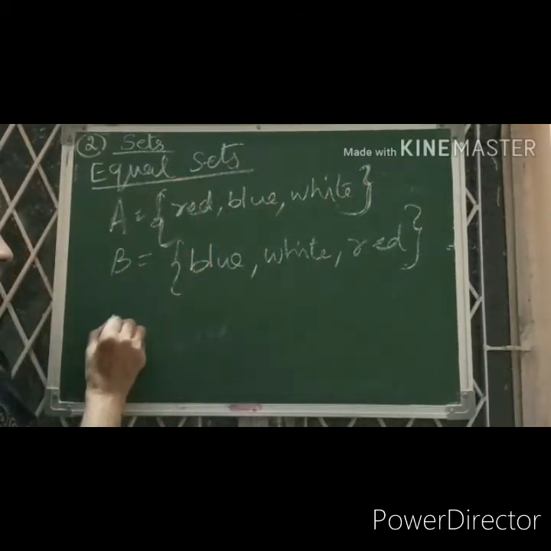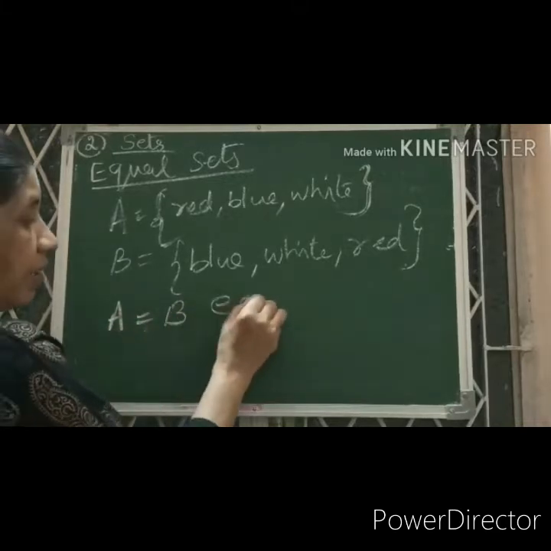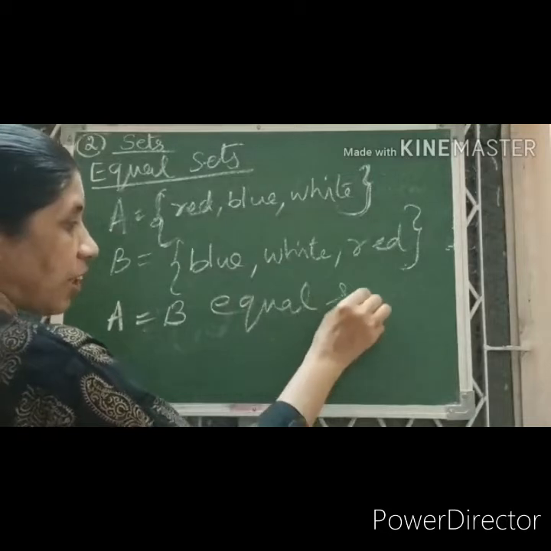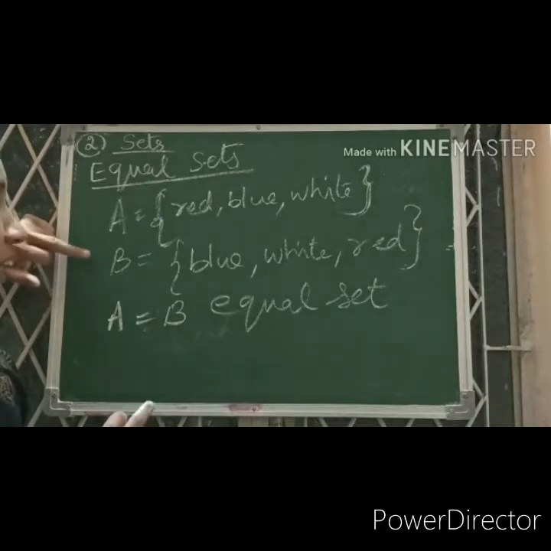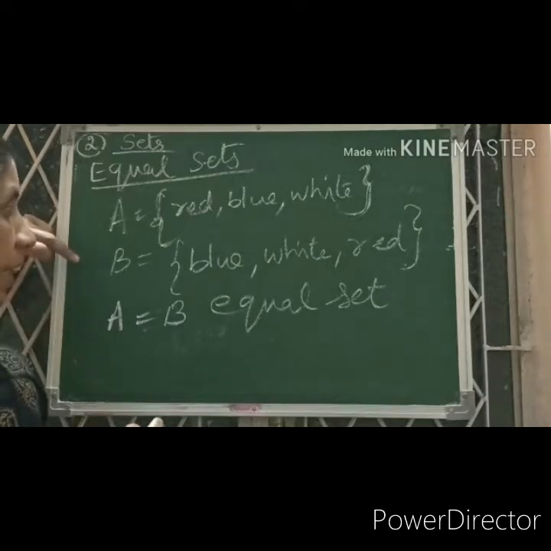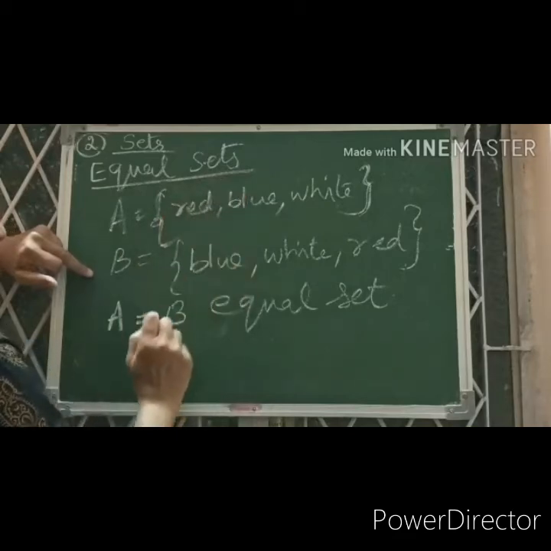Now I am saying set A is equal to B. I will come to the definition now. If 2 sets have an equal number of elements, and each and every element is the same thing, then only the 2 sets are equal sets.